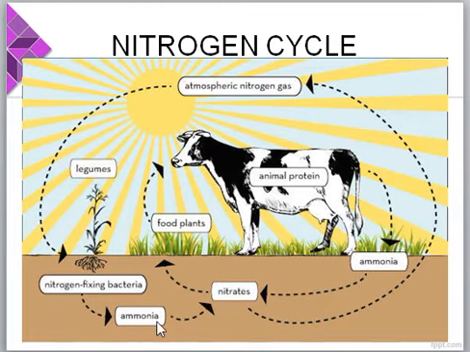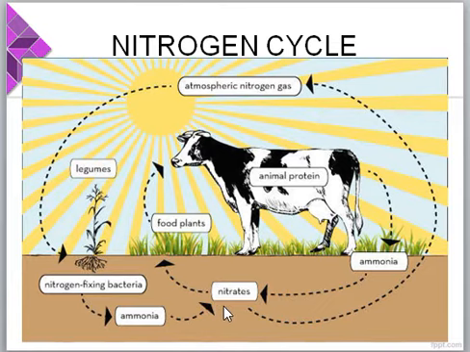The second step of the nitrogen cycle is nitrification. Nitrification is the process of converting ammonia produced in nitrogen fixation, or ammonium, to nitrate. There are two processes of nitrification.